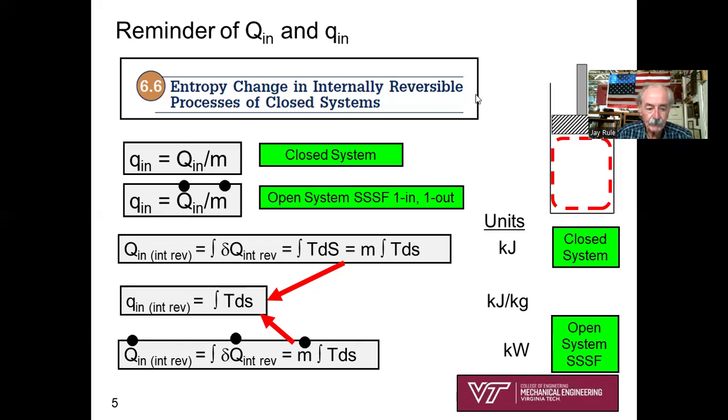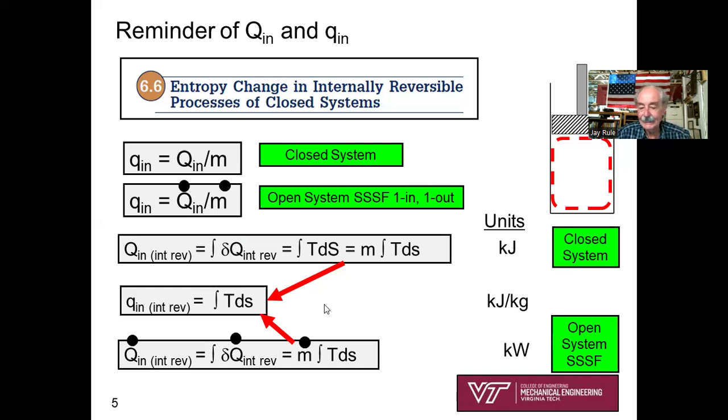So do remember, little q in for an open system with this model is Q dot in divided by m dot. Let's jump down to the bottom. Do you see that Q dot in is going to equal m dot, the mass flow rate, times the area under the curve on the T-little-s diagram? That's got some value for you.